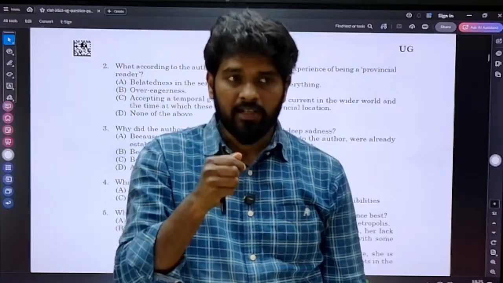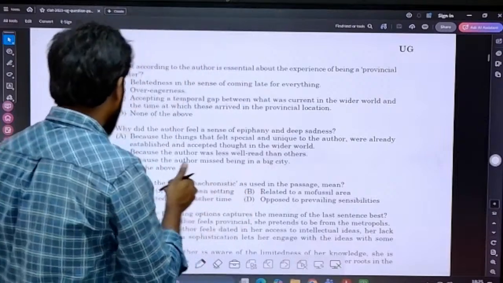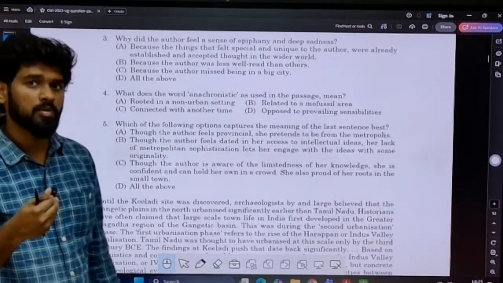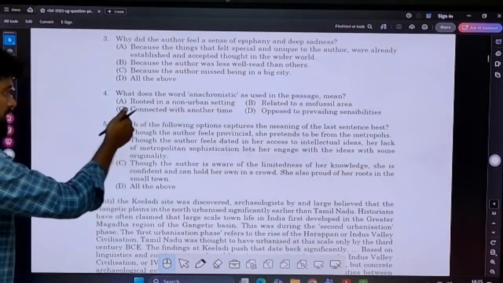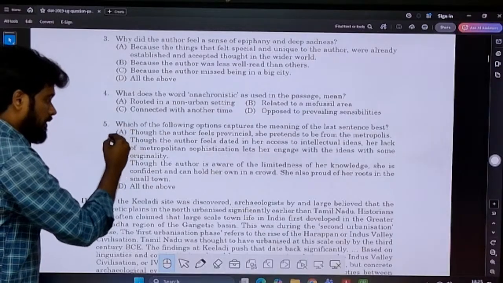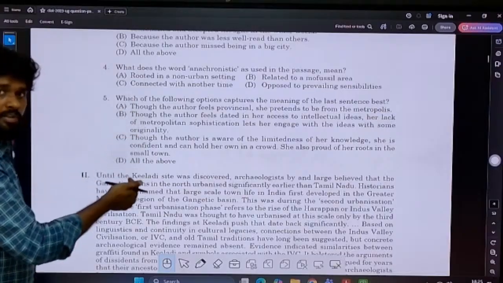The starting point of CLAT lies in reading The Hindu paper. If you read it every day, you can easily analyze the comprehensions given in the examinations and put the answers.